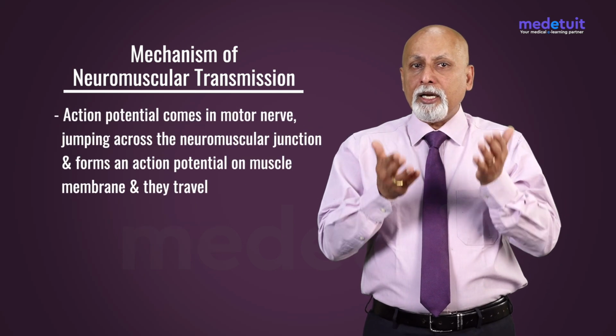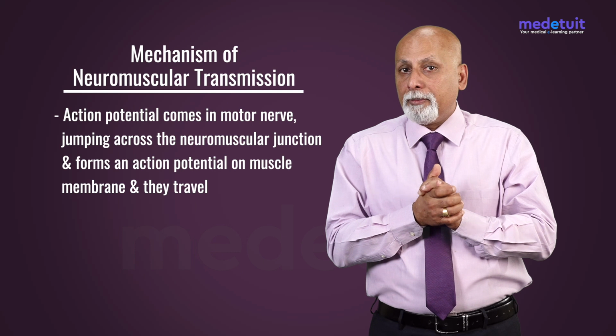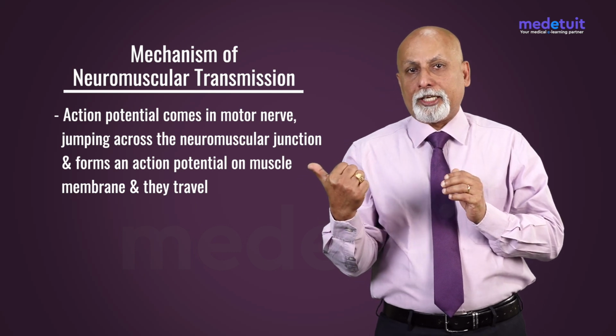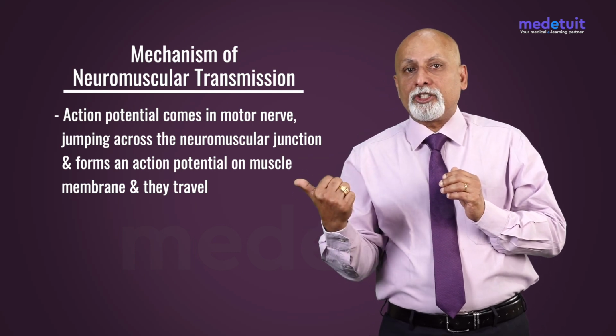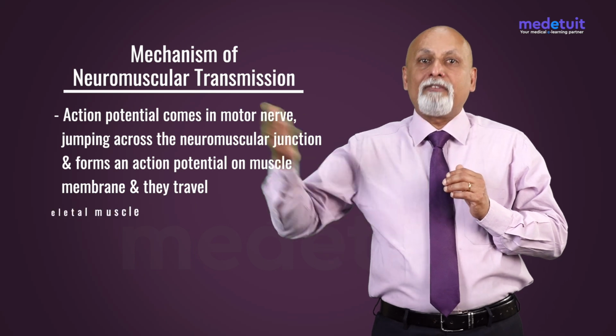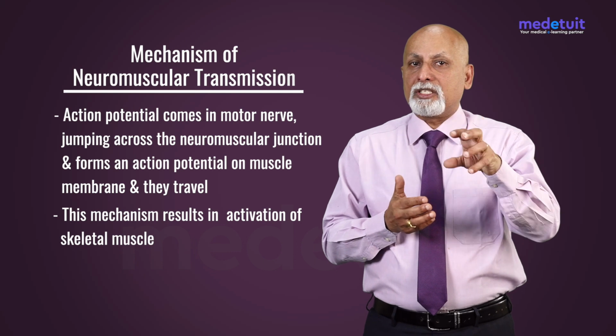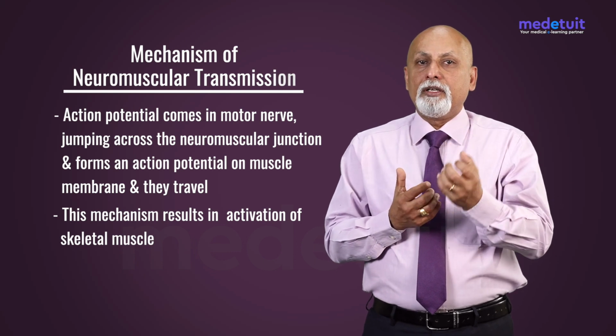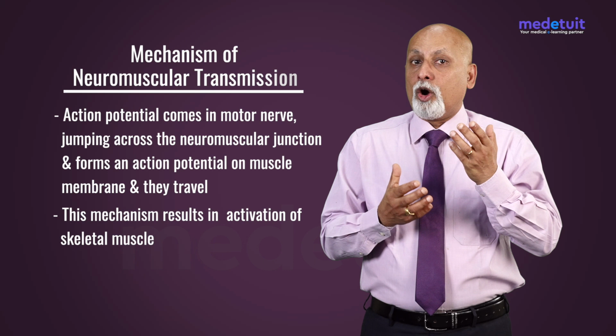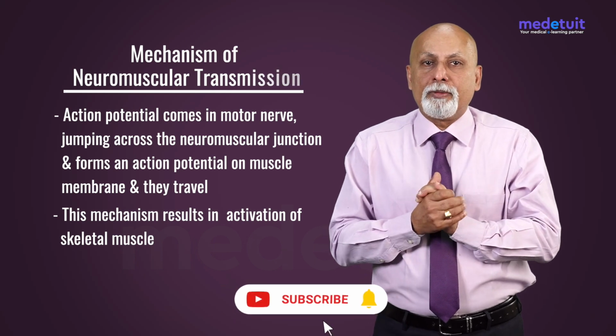So the action potential comes in the motor nerve, jumping across the neuromuscular junction and forming an action potential on the muscle membrane, and they travel. So this whole mechanism is ultimately resulting in activation of the skeletal muscle. This is the whole story behind neuromuscular transmission.